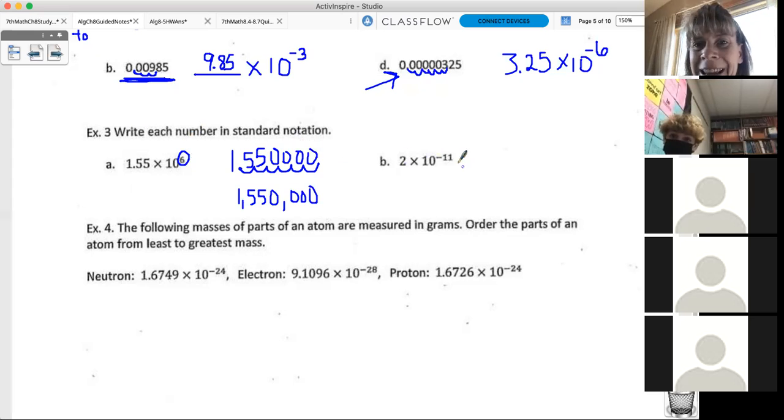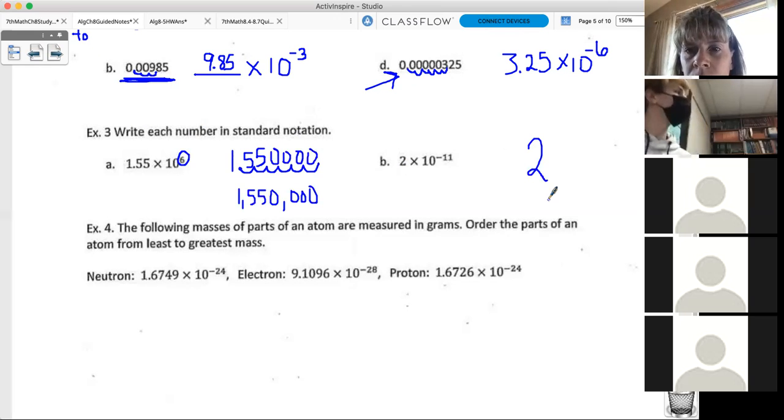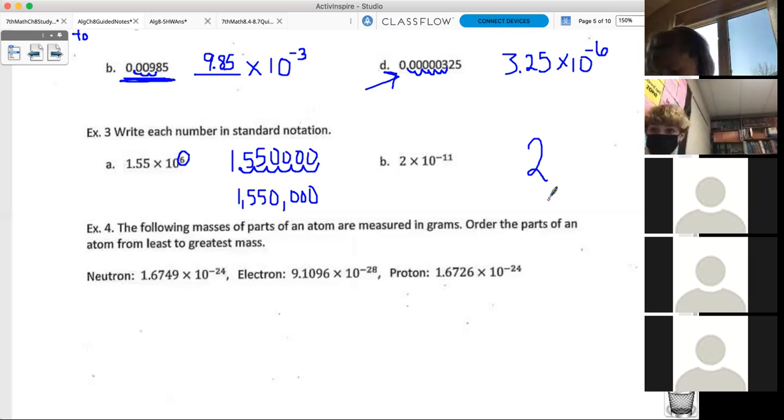But over here we have a negative exponent. So I'm going to write out 2. Where's the decimal? Ava, where's the decimal in this number? There's not a decimal, so where is it?